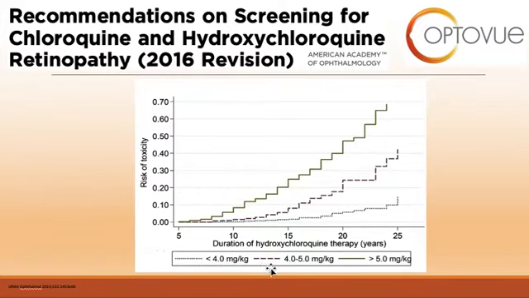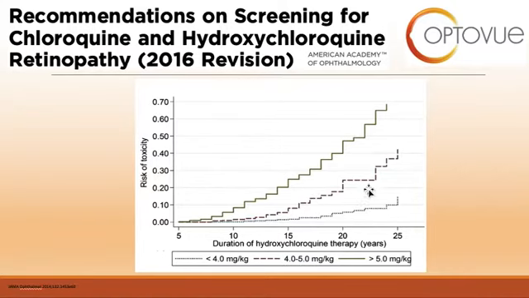The purple hash line is 4 to 5 milligrams per kilogram, and the green line is greater than 5 milligrams per kilogram. So when you look at the different dosages in relation to duration, you can see how the percentages are arrived at. So let's say you have a patient taking either less than 4 or 4 to 5 milligrams. That would be these two lines.